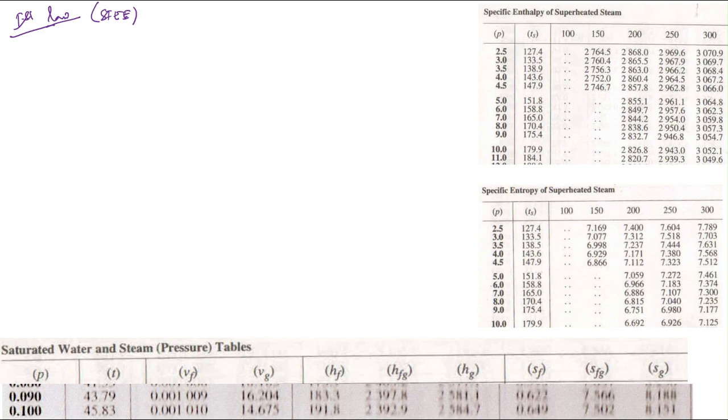The steady flow energy equation is written as m1 into h1 plus c1 square by 2 plus g z1 plus or minus q is equal to m2 into h2 plus c2 square by 2 plus g z2 plus or minus w.